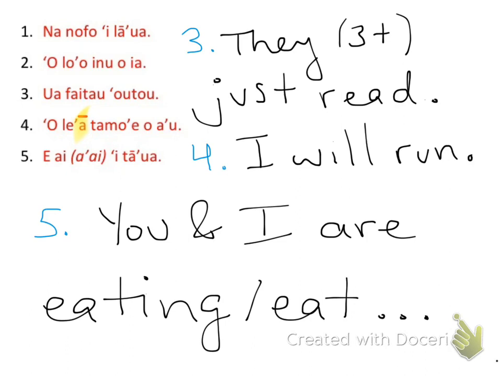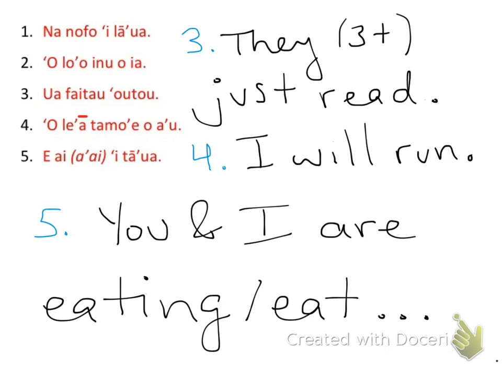So I'm being really nice, especially since it's early on in the course, to give you macrons. But once you start to get the feel for it, okay, yeah, 'tamoe', this right here is a verb, there's going to be a tense marker before it, and this 'olea' is obviously going to have a macron above the A. So that's just one thing to point out.